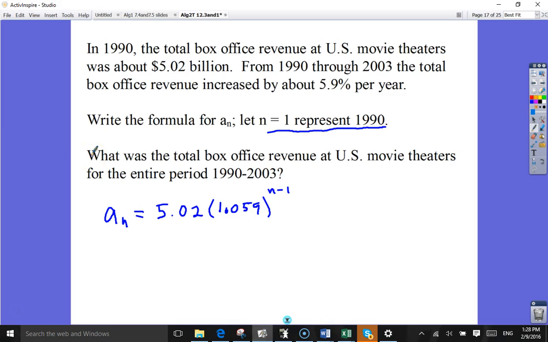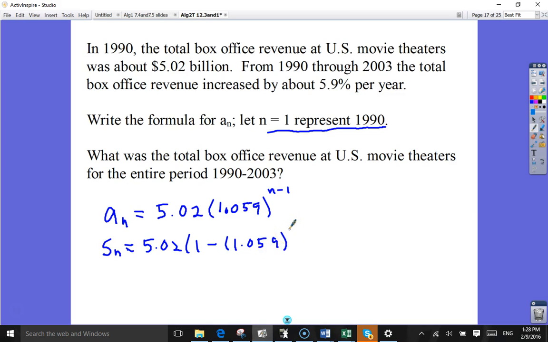From 1990 to 2003, what's the total? Okay, well, let's see. If I want to find the total, I have to have the first term, which is 5.02 times 1 minus 1.059.